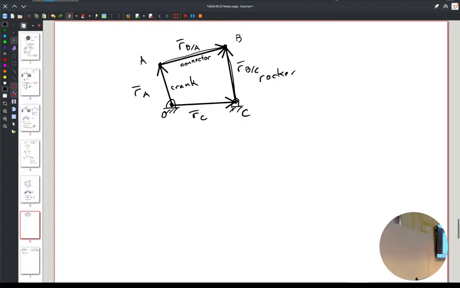And then RC is, so you could think about it that way. Okay.